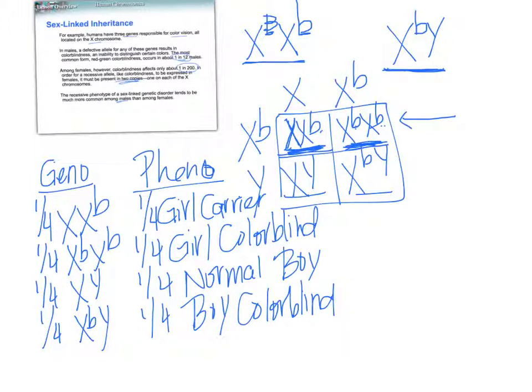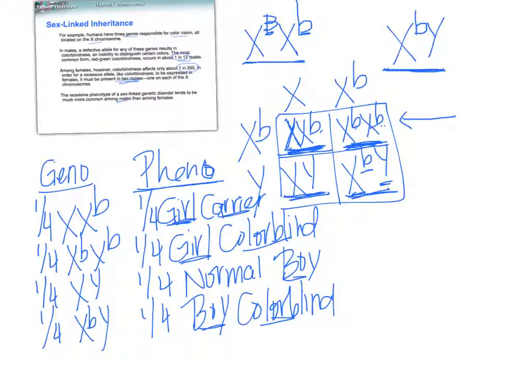Okay, so this boy right here, he's a boy because he has the X and he has the Y, but because of that little b there, I'm showing that he is colorblind. This one has a normal X, a normal Y, so he's just a boy. So notice the phenotype we're giving: we're saying whether they're boys and girls, and then we're saying if they're carriers or if they're actually colorblind or not.